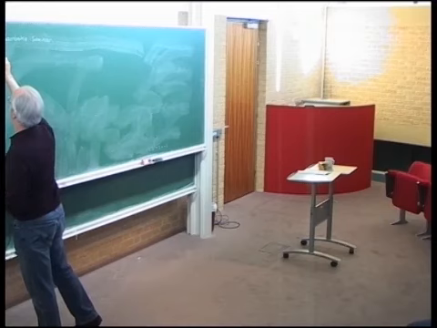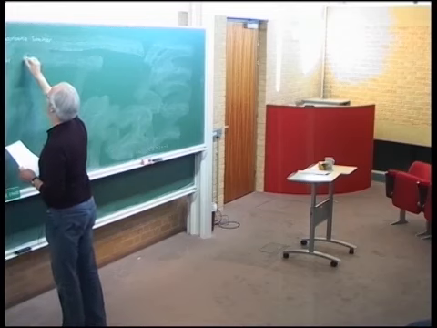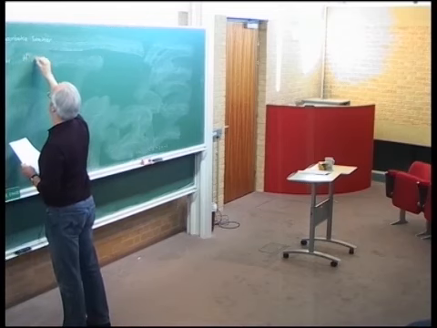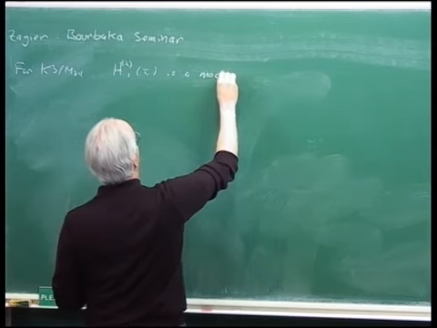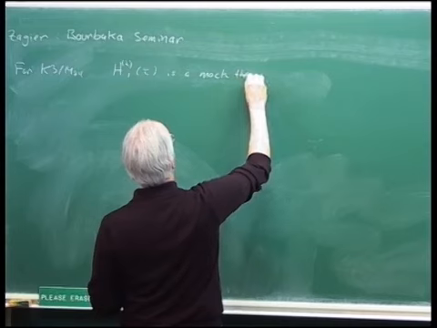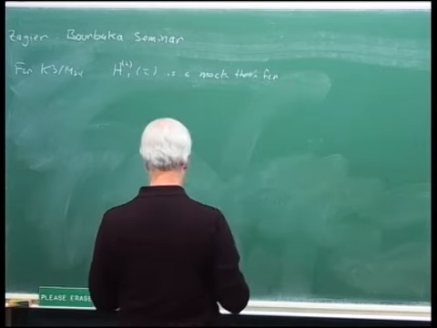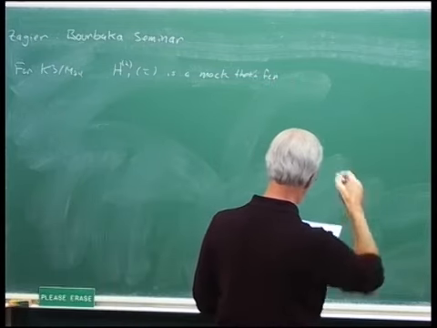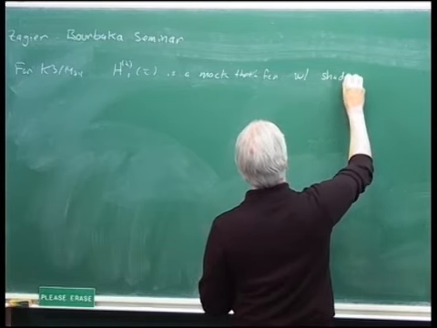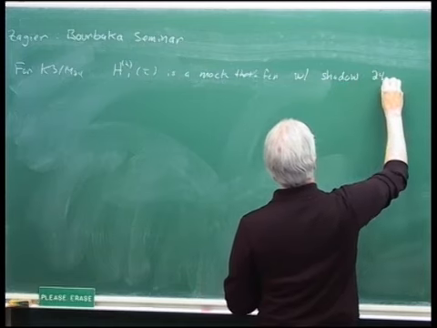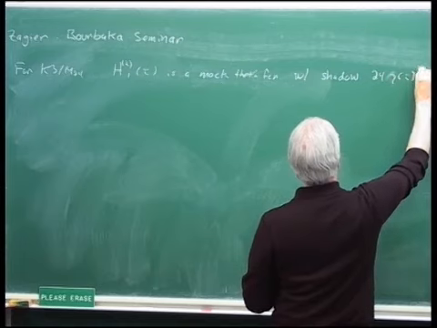For the K3 M24 story, the quantity I called H21 of tau is a Mock theta function, or at least a rational power times a Mock theta function, with shadow 24 eta of tau cubed.